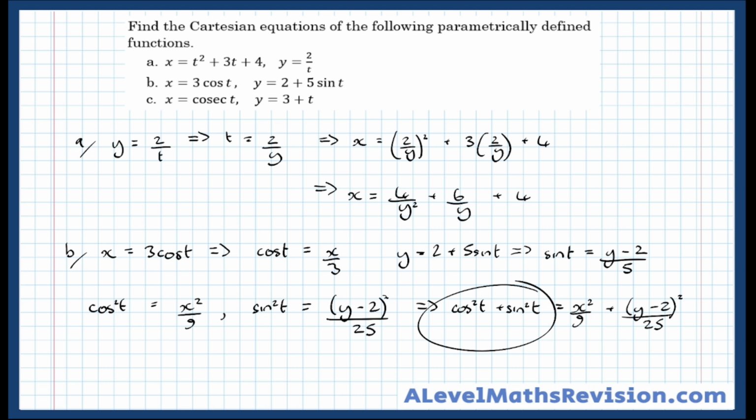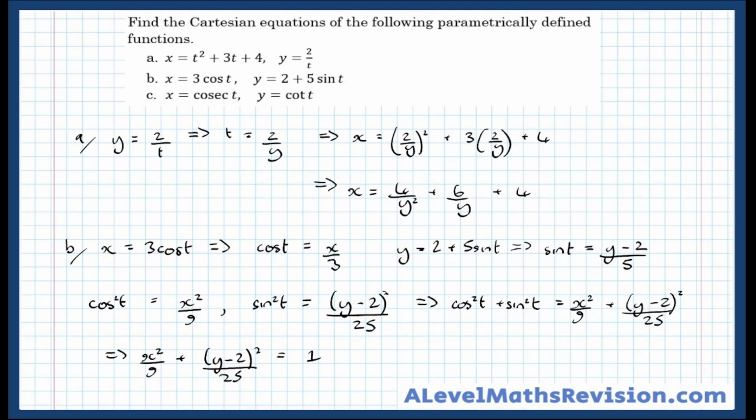And hopefully you recognise that there. That's equal to 1. Which means that x squared over 9 plus y minus 2 squared over 25 equals 1, like that. And there's the Cartesian equation of the curve.